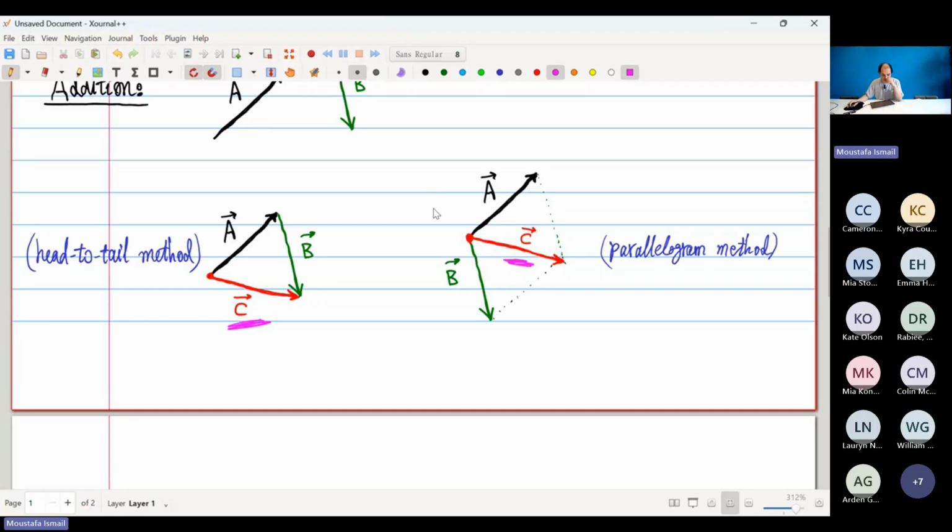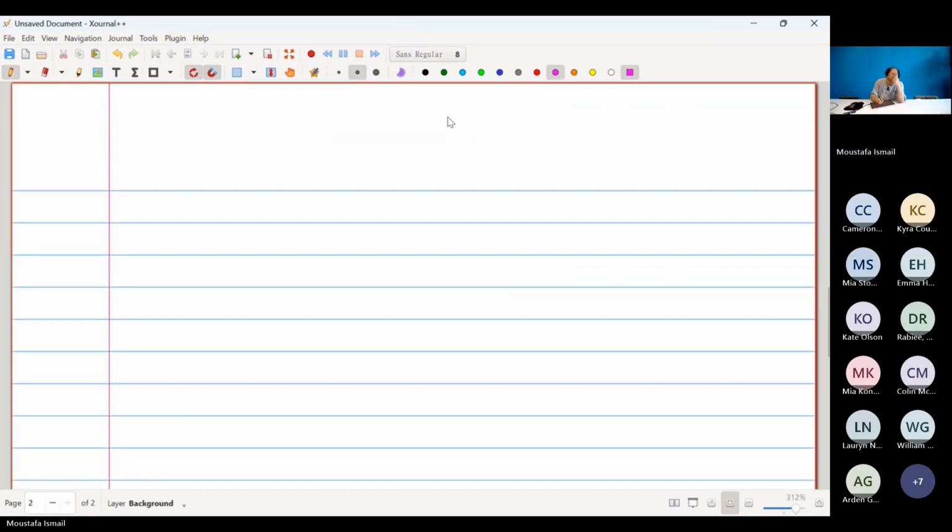Good. So let me give an example of vector addition. So example 1. Bob is standing in a field next to a tree stump.